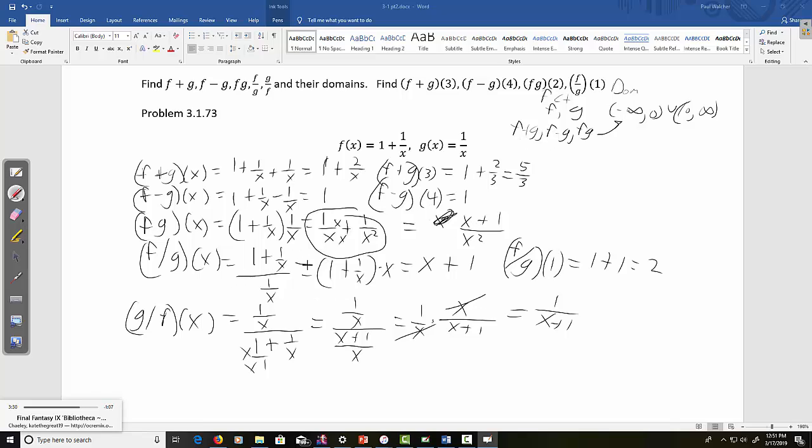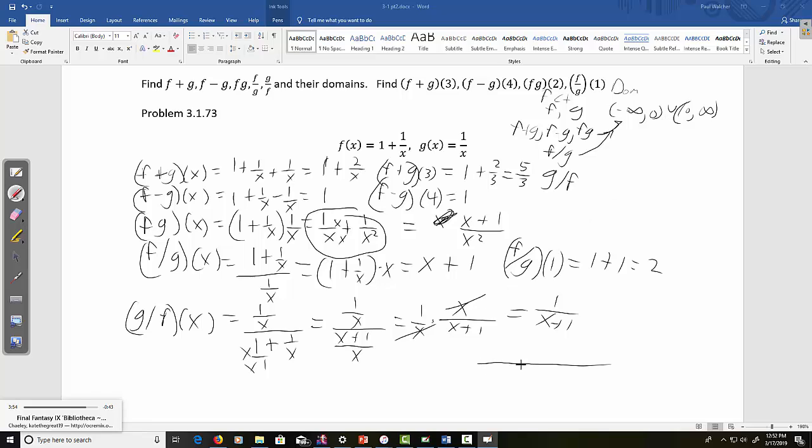Then we look at our division functions. X plus 1 is not going to be undefined for anything else because of division. So this is also f over g's. G over f, though, I cannot have negative 1 because that will make me undefined. So g over f has a slightly different domain. I have to take out negative 1 as well.